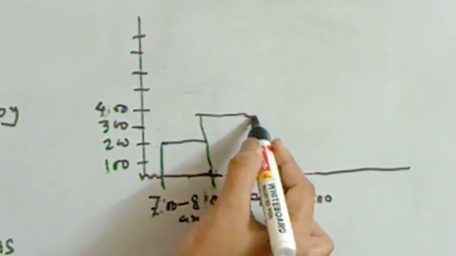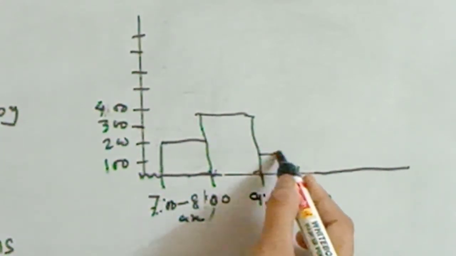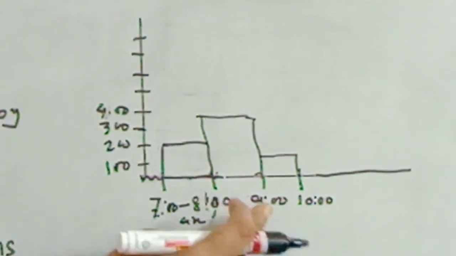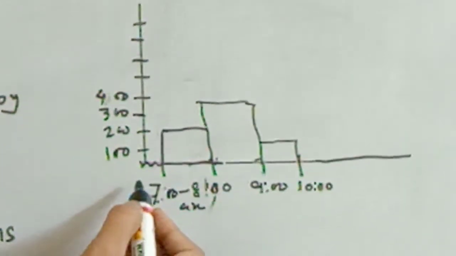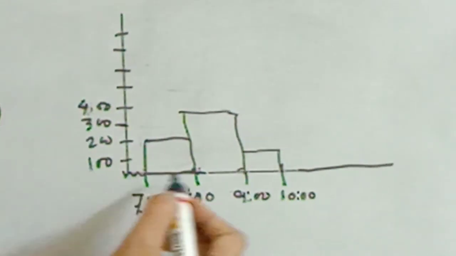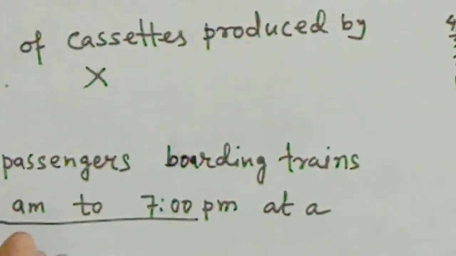Maybe for the next 9 to 10 timing, only 100 people have boarded. If we express this data in a graph, we can draw a histogram. So in this situation, we can draw a histogram.